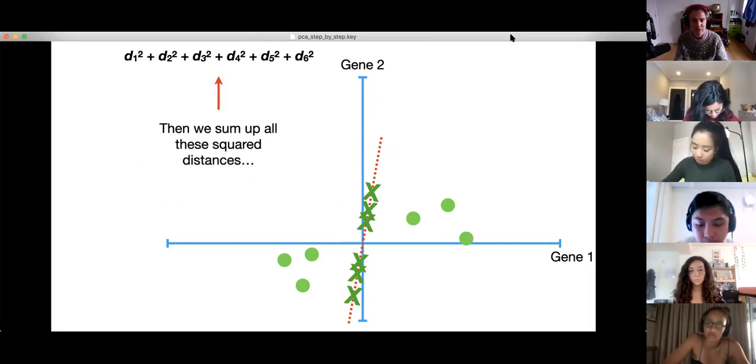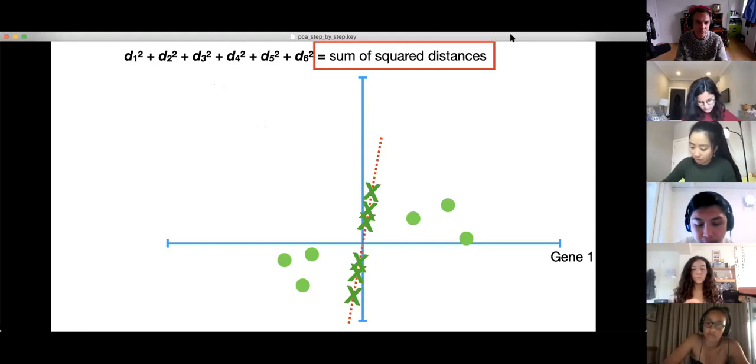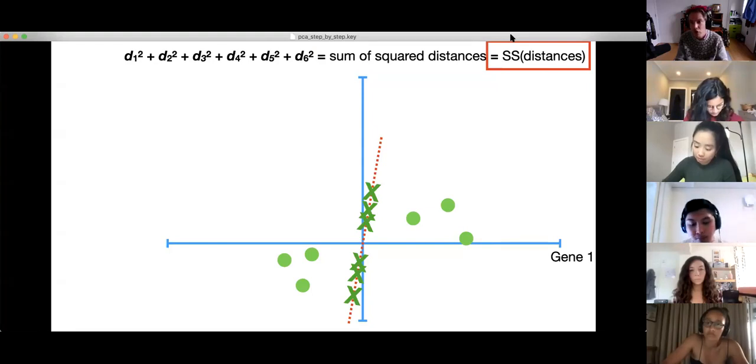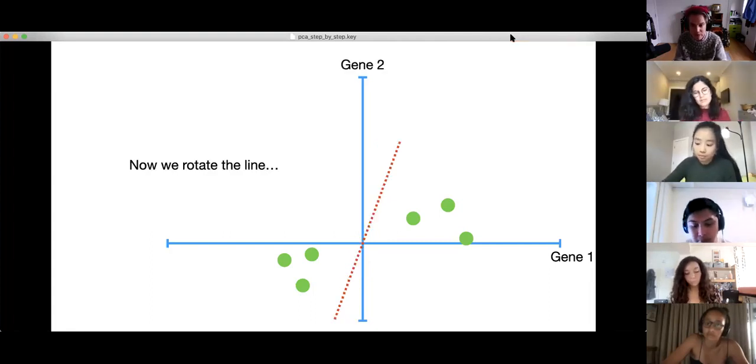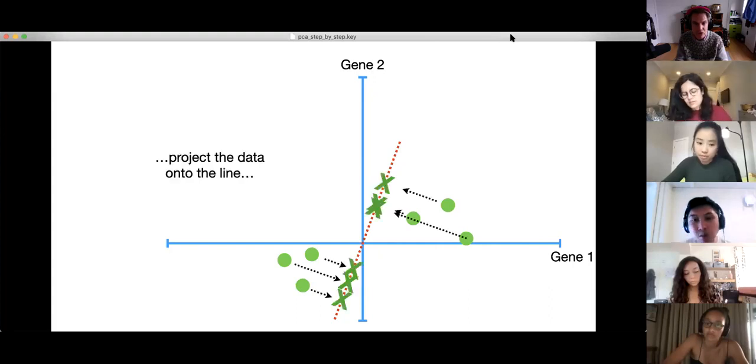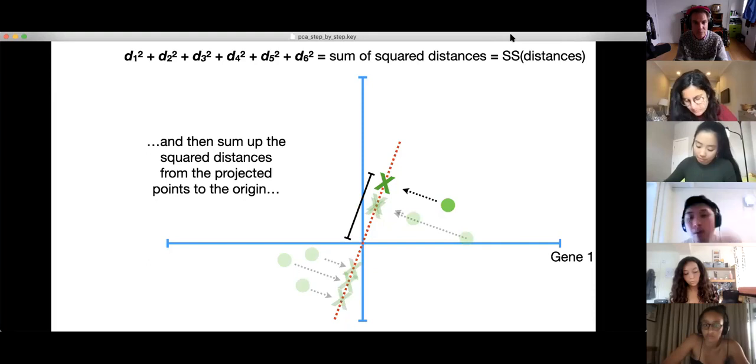Okay, then we sum up these squared distances, and that gives us the sum of squared distances. We're going to use a little shorthand from here on out. Now we rotate the line, project the data onto the line, and then sum up the squared distances from the projected points to the origin.